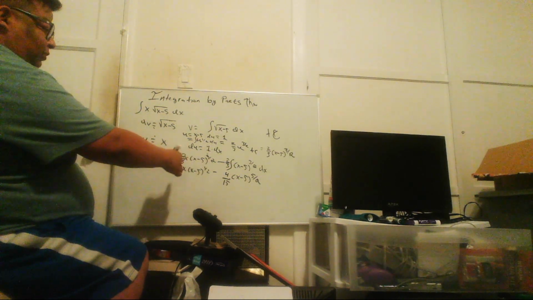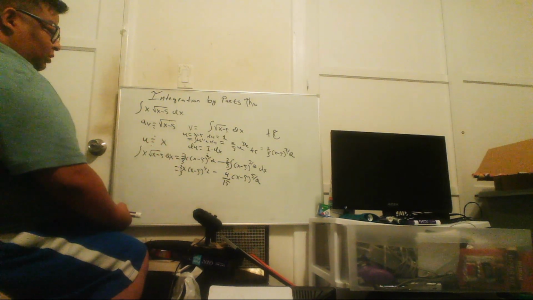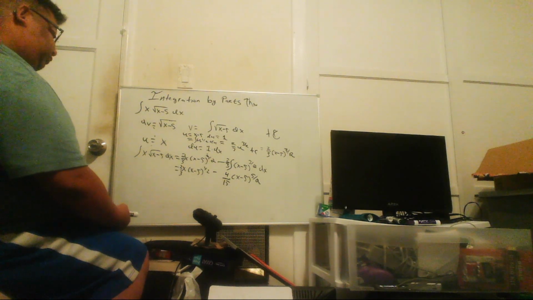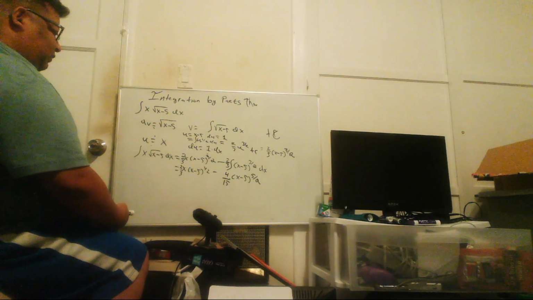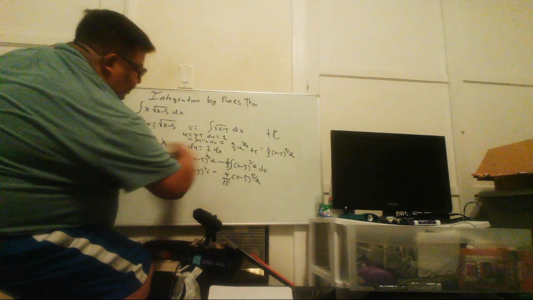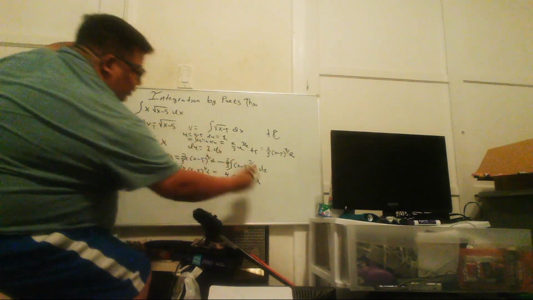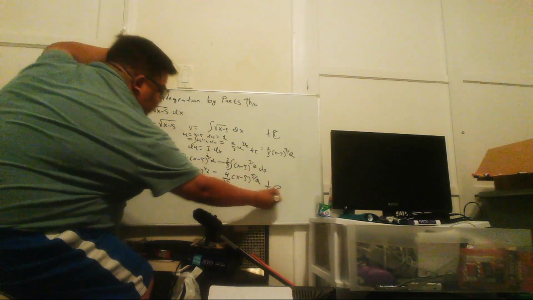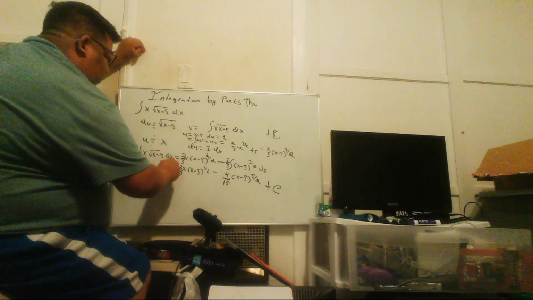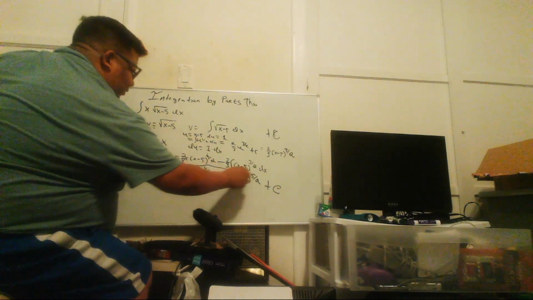So we get minus 4/15 x minus 5 to the 5/2, and that should give us the final answer. And of course, we don't forget that because this is an indefinite integral, we're gonna have plus c, so this will be our final answer.